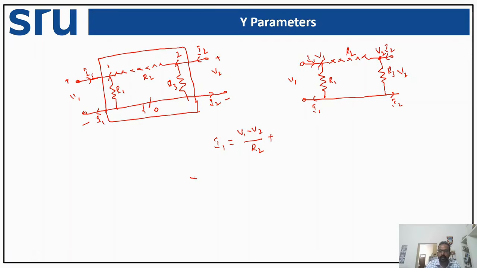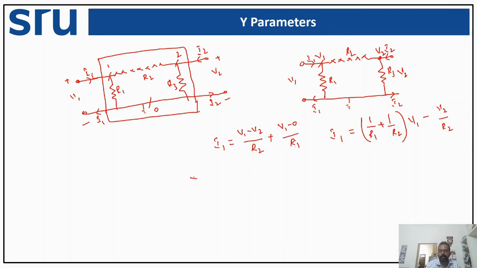As V1 is greater than 0 volts, with the reference node, it is V1 minus 0 by R1. Rearranging this equation, we get I1 equal to 1 by R1 plus 1 by R2 into V1, minus V1 by R2 into V2.